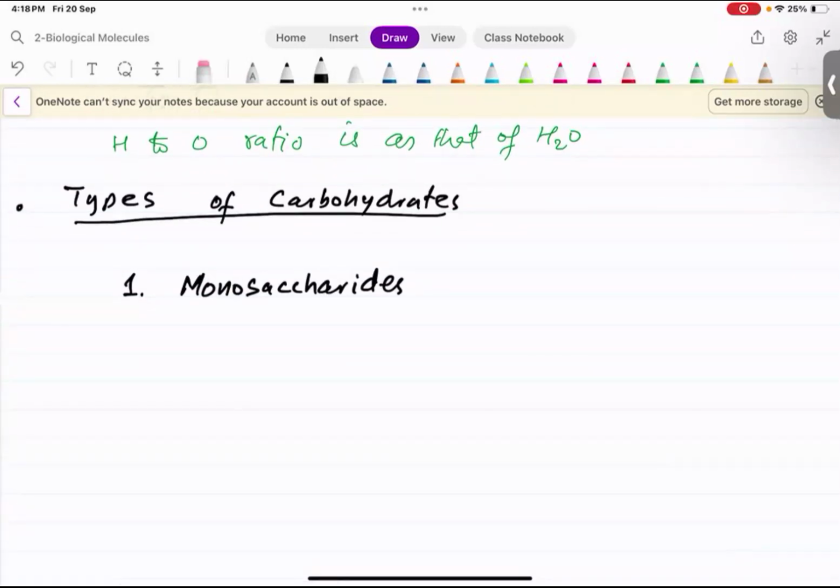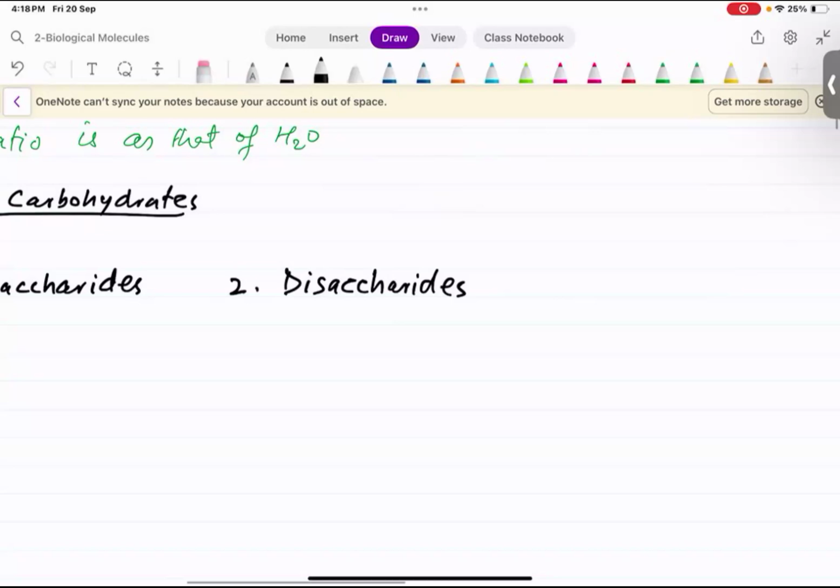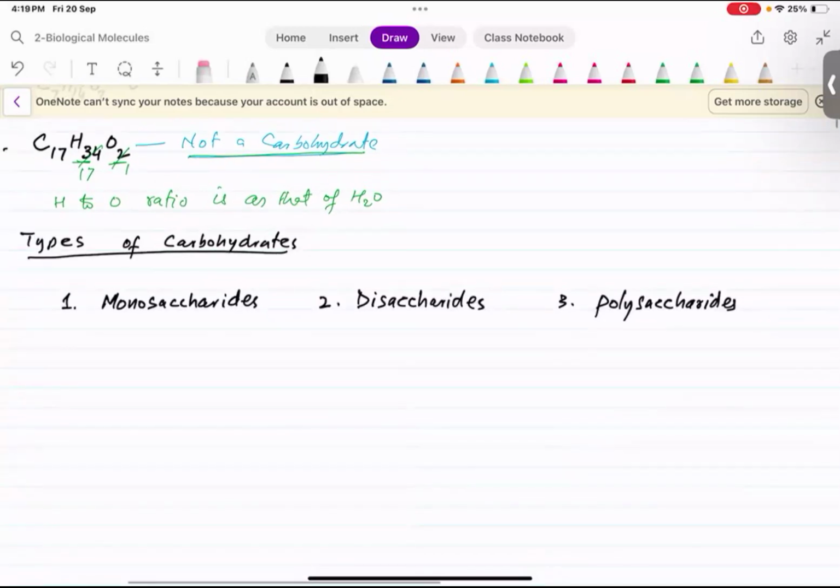We have disaccharides, and we have polysaccharides. So these are 3 types of carbohydrates. We'll discuss them one by one. So let's see monosaccharides first.